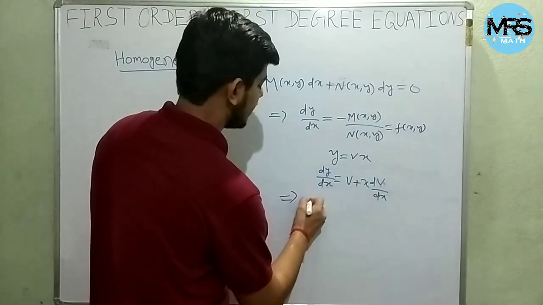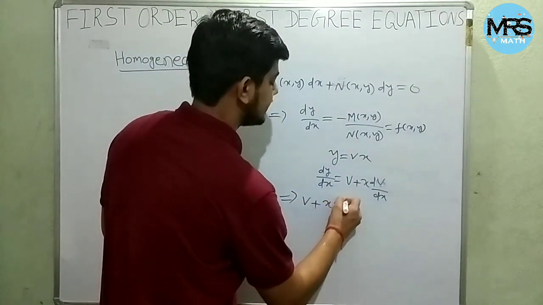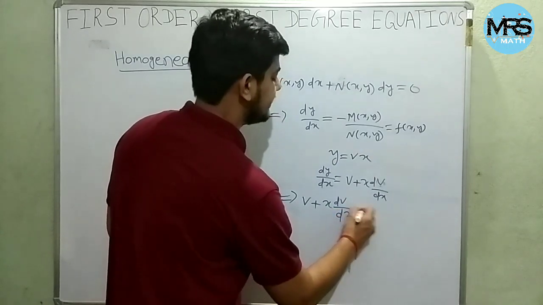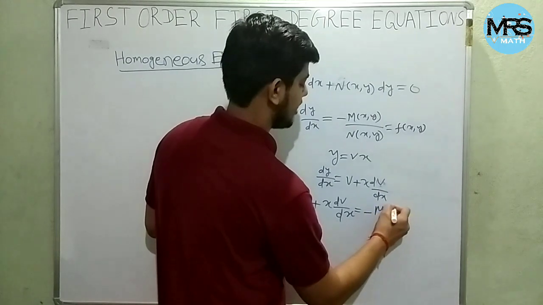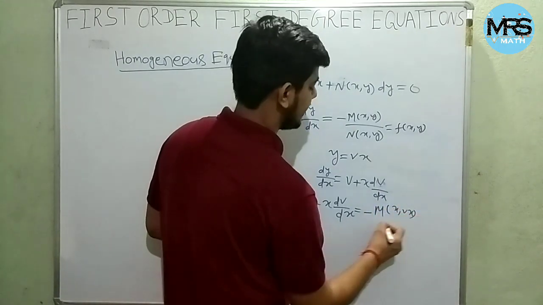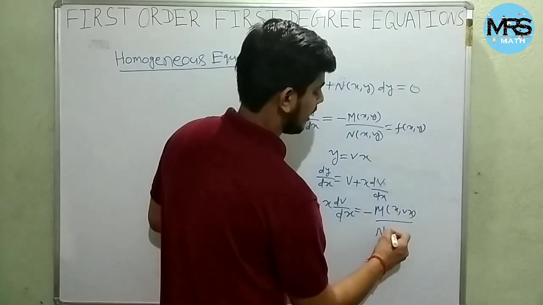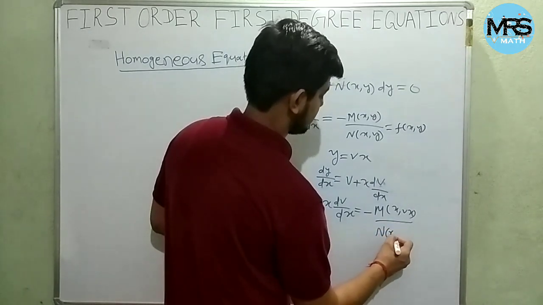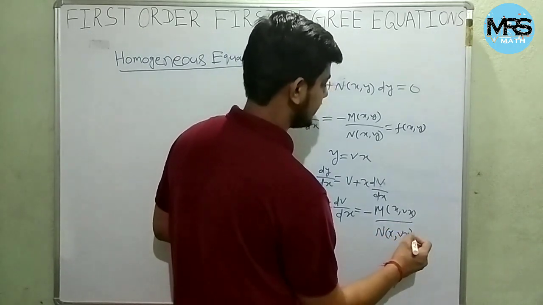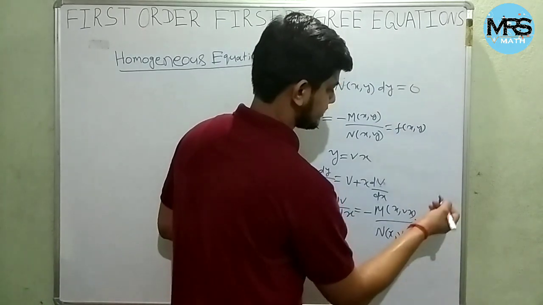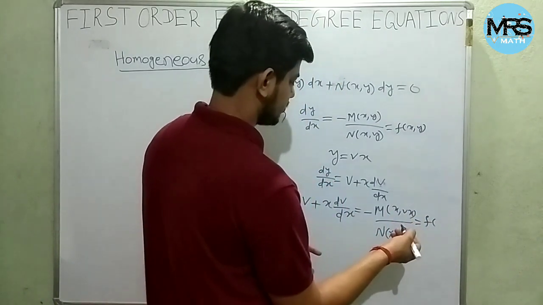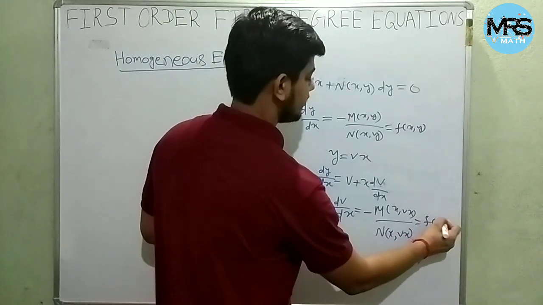So what you will get, v plus x dv by dx equal to minus of M(x,vx) by N(x,vx), correct, equal to f of x,vx, right? So you can write f of v.